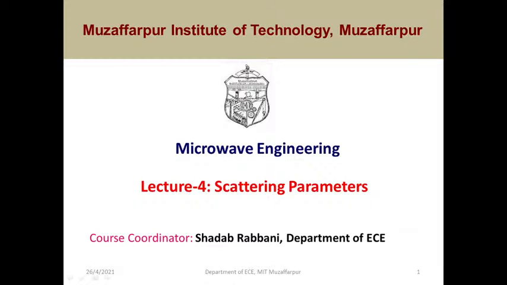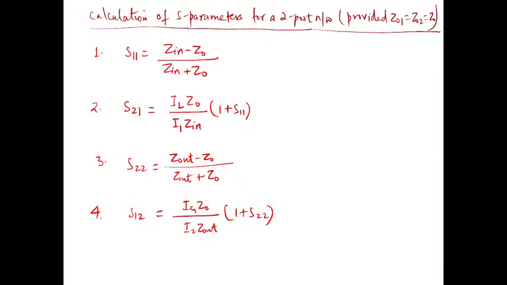So, in our previous class, we were discussing the scattering parameters, and we have seen how to calculate these parameters for a given two-port network. So, if this is a two-port network, and this was I1, if this is load ZL, then this was IL.